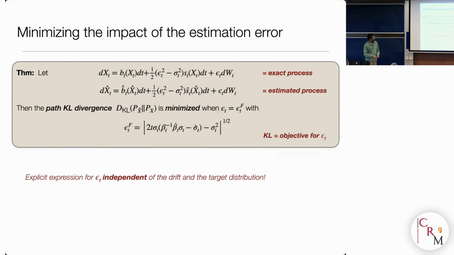So one thing that you can do is look at the exact process. This is the one that involves the true drift and the true score, and the estimated one. And then, if you use them with the same diffusion coefficient, you can use Girsanov formula to compute the path KL, so the relative entropy in trajectory space between the solution of these two equations. Okay? That gives you a measure of the generation error that you are making.